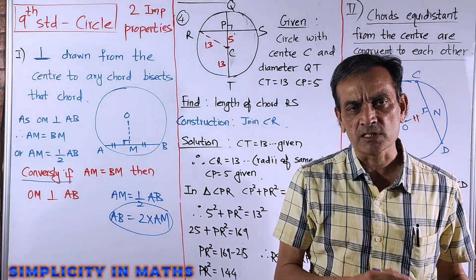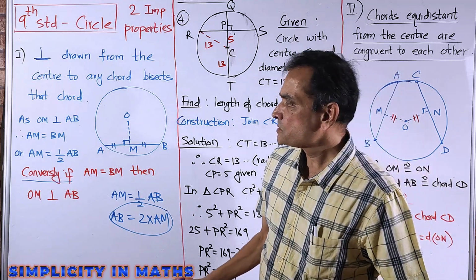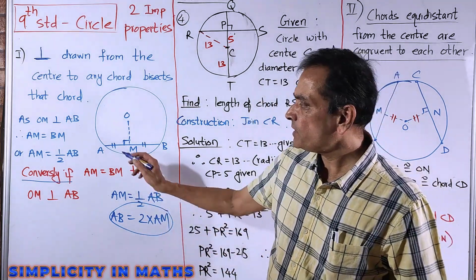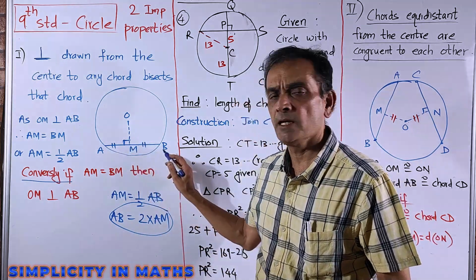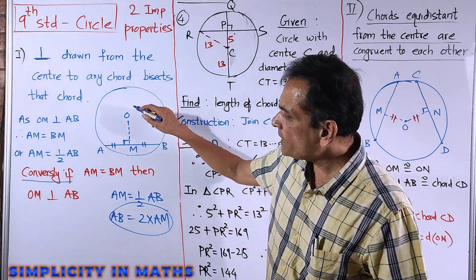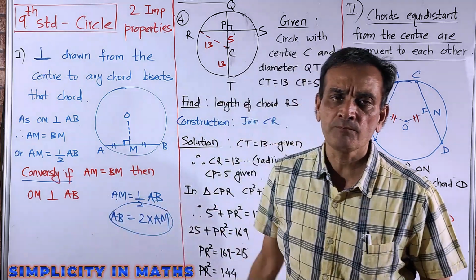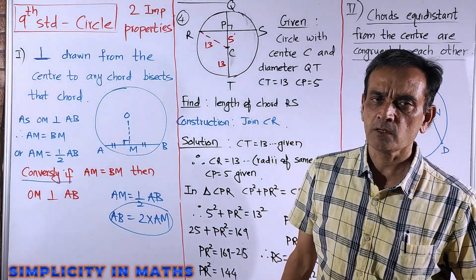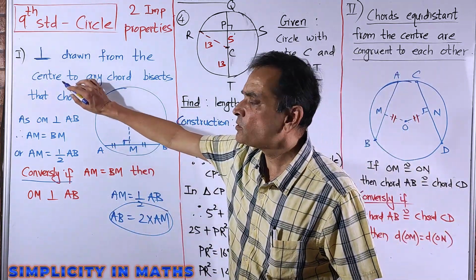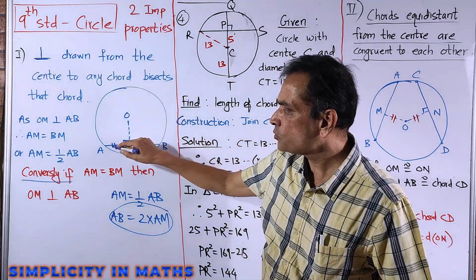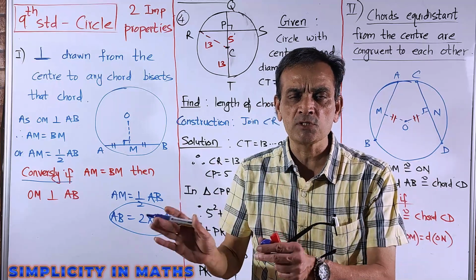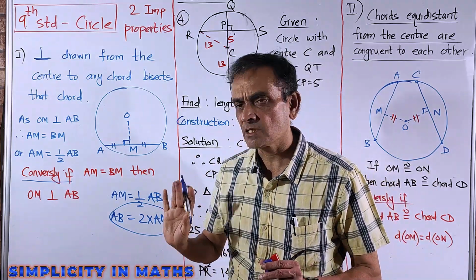Converse is just the reverse. So reverse में क्या होता है? You are given AM equal to BM, means you are given that M is the midpoint of AB. So OM has to be perpendicular to AB. That is called as converse. तो ज्यादा करके we will be using this. Perpendicular from the center to the chord, दो equal parts हो जाते हैं. I hope it is clear now.